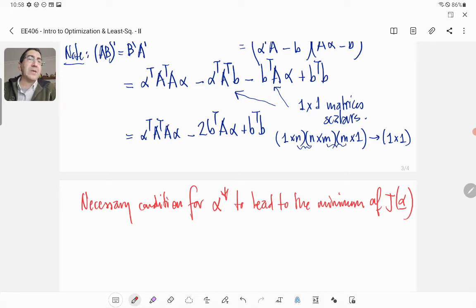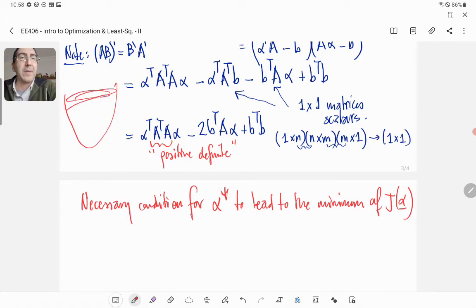If this is positive definite or semi-definite, this is again a concept from linear algebra. Basically what we have is a multi-dimensional bowl in alpha space. So a quadratic form.